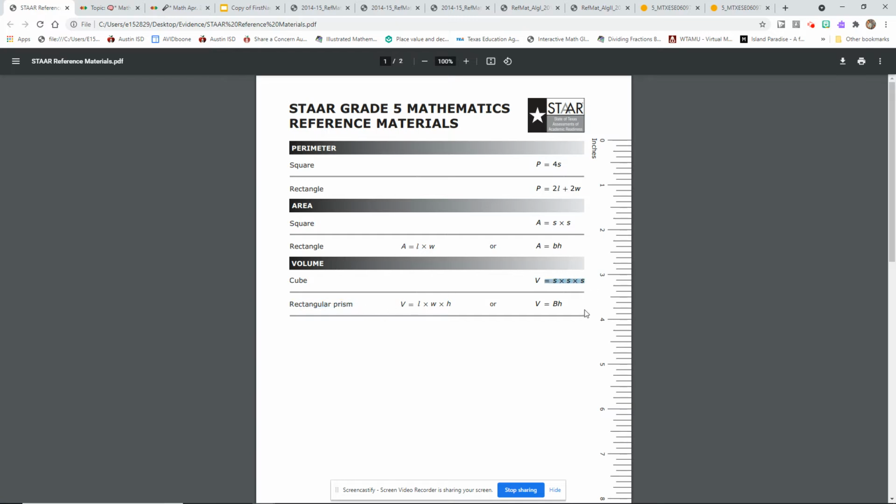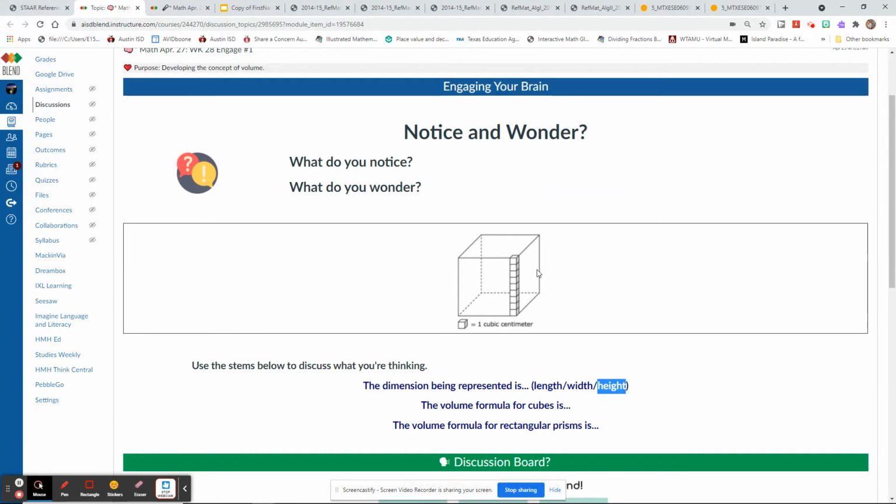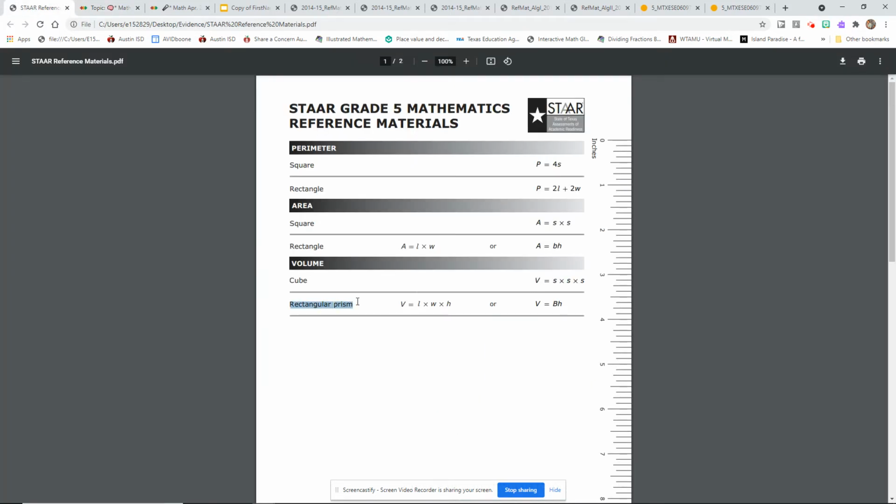The cube is volume equals side times side times side. That means that if this is a cube, just like a square, all the sides are the same length. If it was 9 high, then it would also be 9 wide, and 9 long. But they did not tell us specifically that this is a cube. So we don't know whether this is a cube or a rectangular prism.